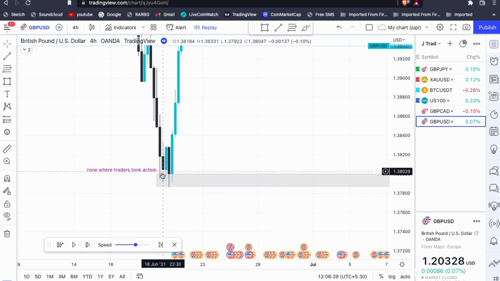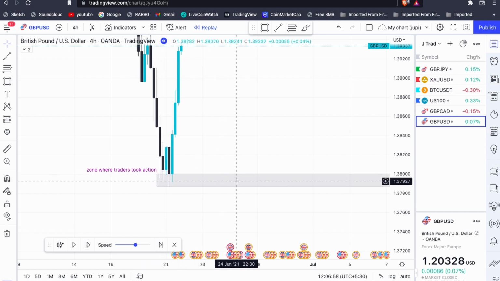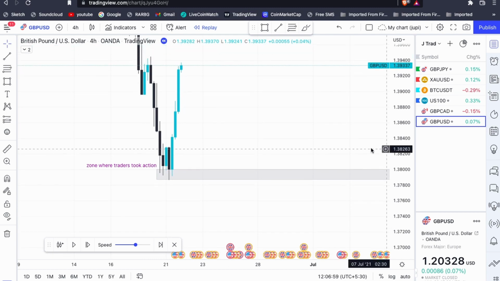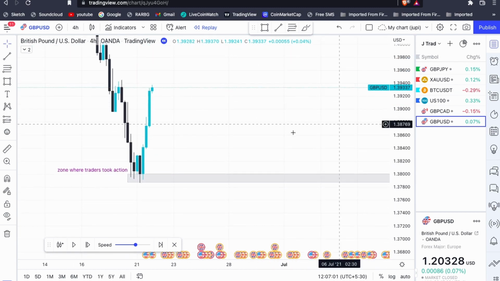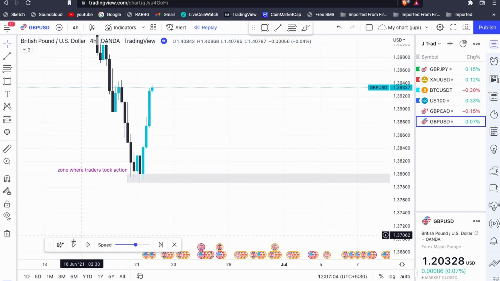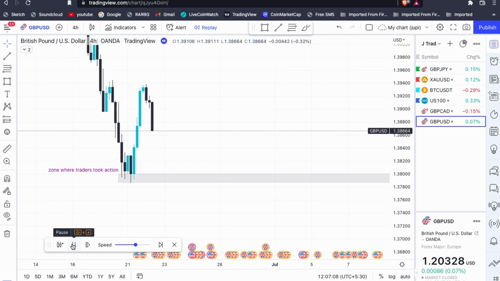The second body also has a huge wick, it got rejected from this zone, and another one here, we got bounced up exactly from the top of the zone, and this body also went way down to this area, but unfortunately it got rejected. So we have all these wicks inside this zone. This zone is an important area next time when price comes back to this area. So let's play our chart and let's see what happens.